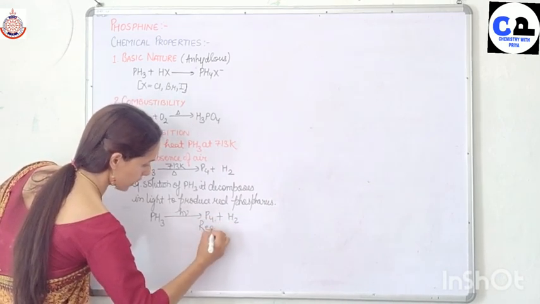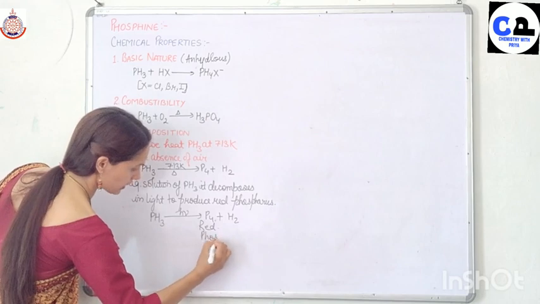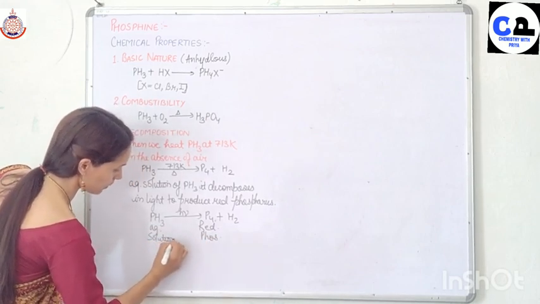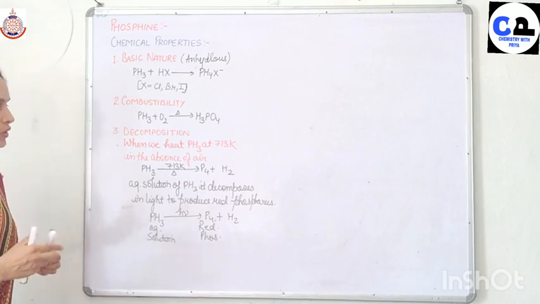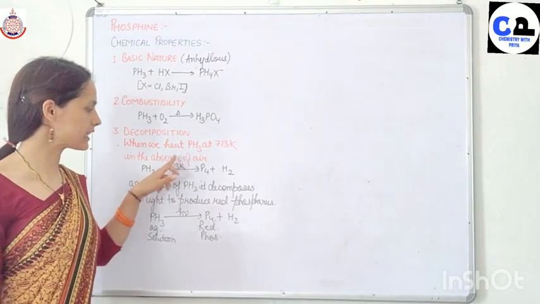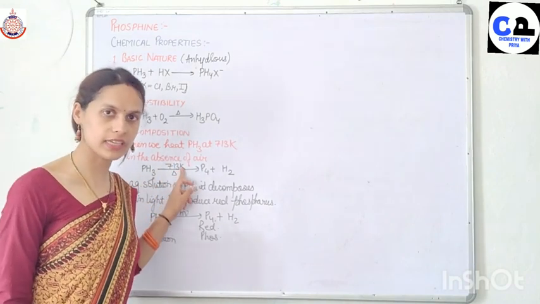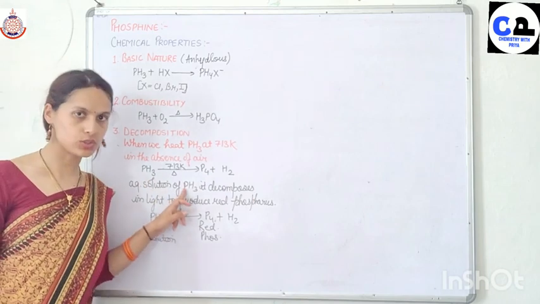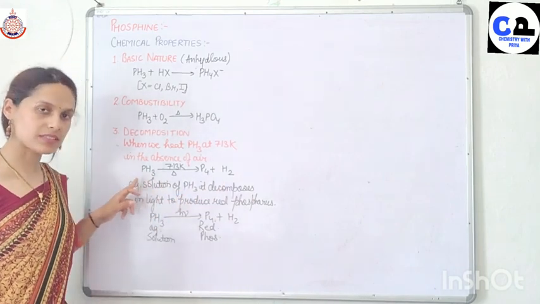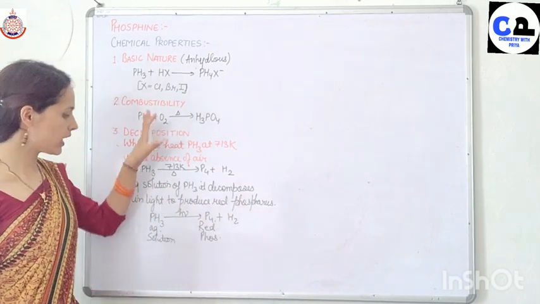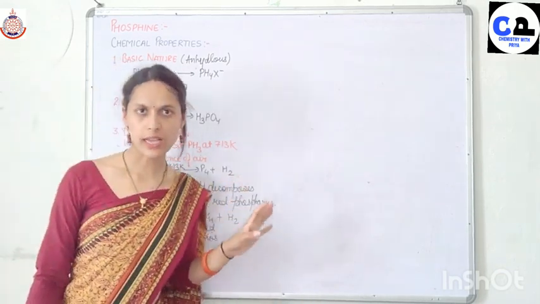This is red phosphorus, and this one is the aqueous solution. So in decomposition, if it is not in aqueous solution, on heating in the absence of air at 713 Kelvin, it gives P4 and H2. And if it is in aqueous solution, then it decomposes in the presence of light and produces red phosphorus. So in this way, the decomposition process will occur.